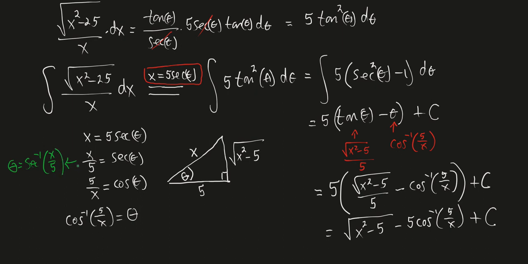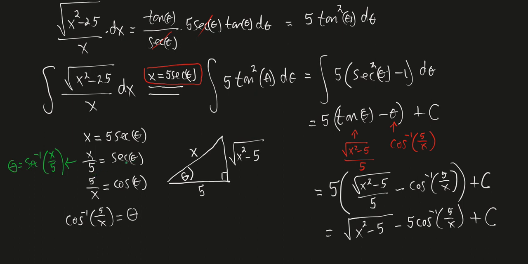In fact, theta could be represented using any of the 6 inverse trigonometric functions, because we could get a relationship for theta in terms of any 2 of the 3 sides of our right triangle, right? So sometimes you might see answers in terms of inverse cosine, or inverse secant, right?